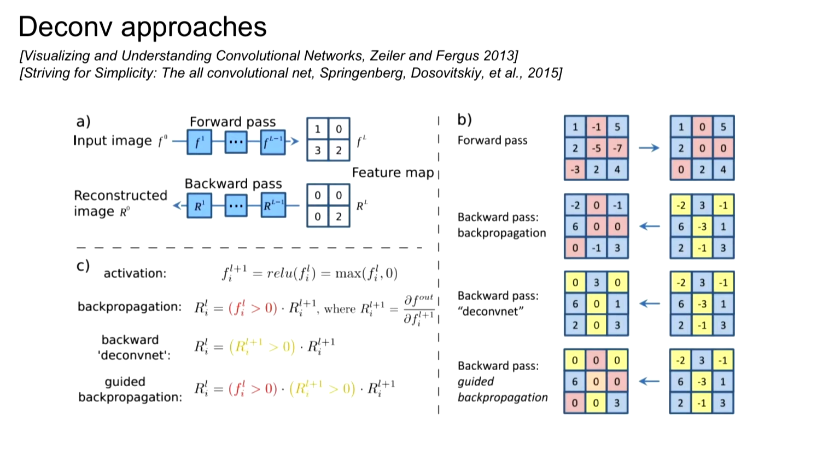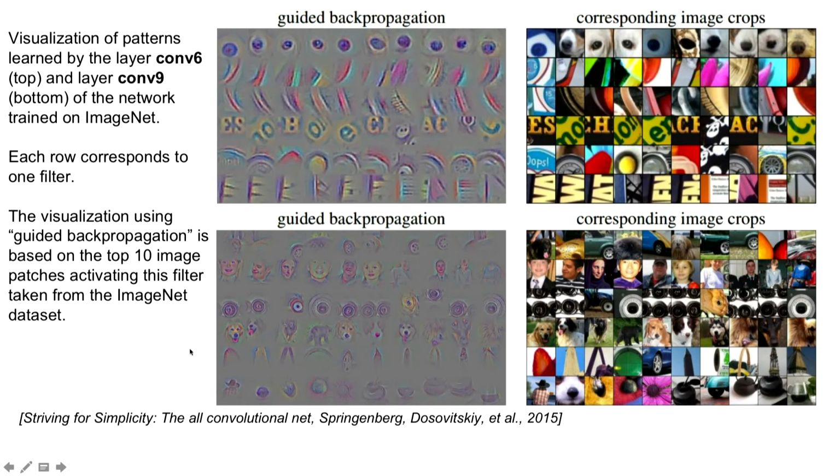This is very heuristic, but that's what's called a deconvnet, and it just has this term that's based on the sign of the gradient. So you use that as a mask to go backwards. All right.